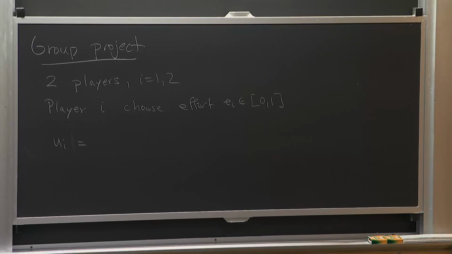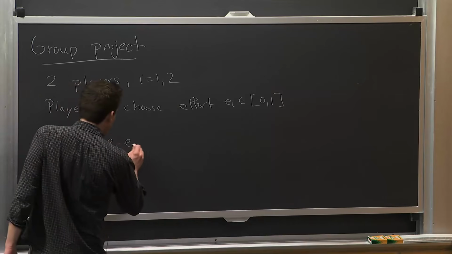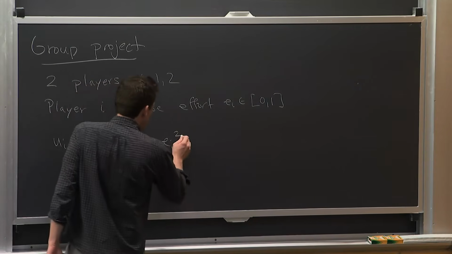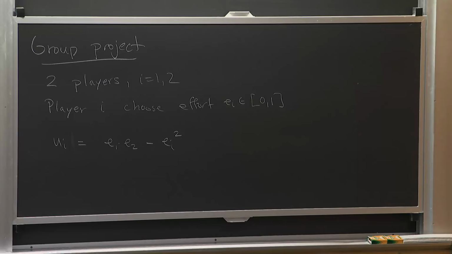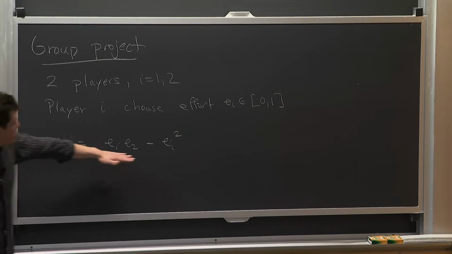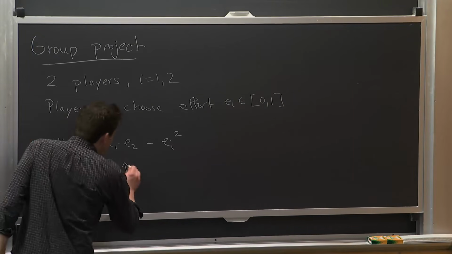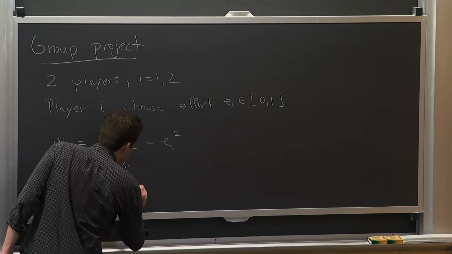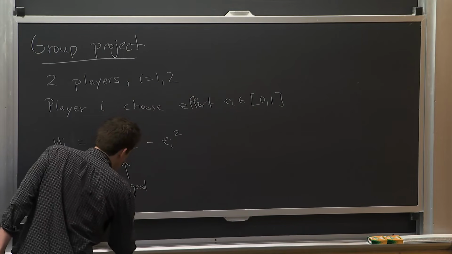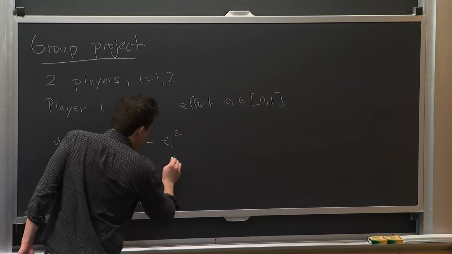So let's say that their payoff is e_1 times e_2 minus e_i squared. What this says is e_1 times e_2, the product of the effort that the two players put in, is going to represent basically how good the project is, how good the output is. And this is the cost of effort.